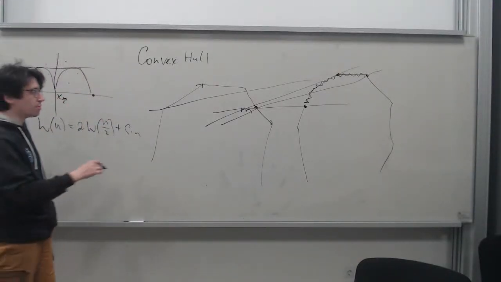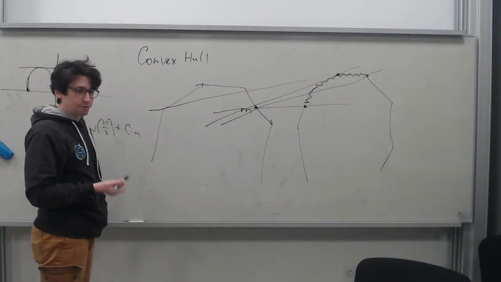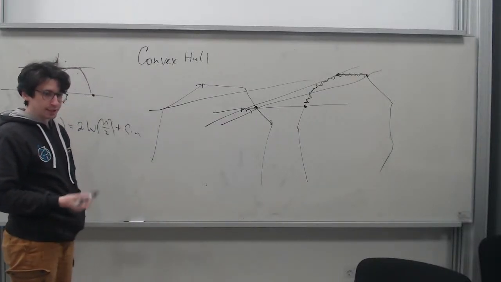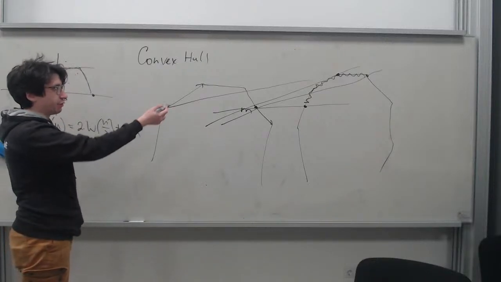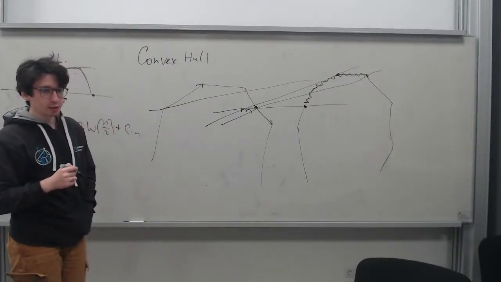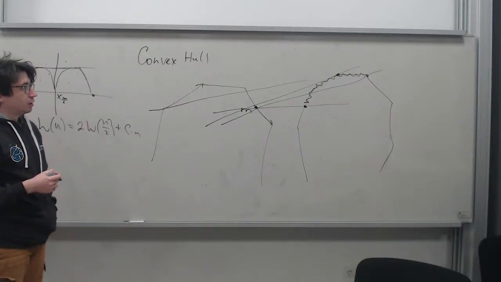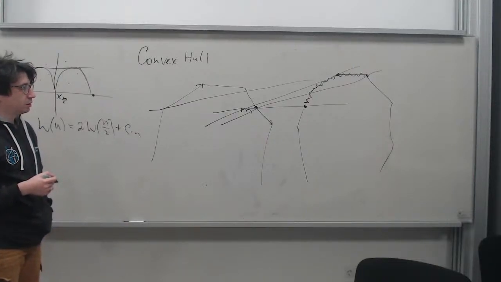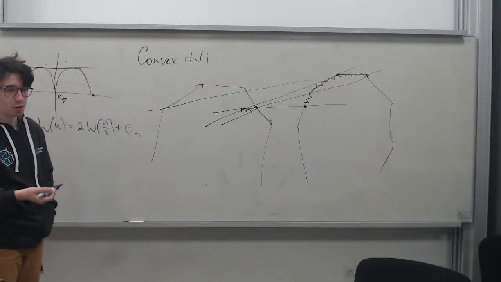So by doing two binary searches inside each other, you find the common tangent in logarithm squared time.